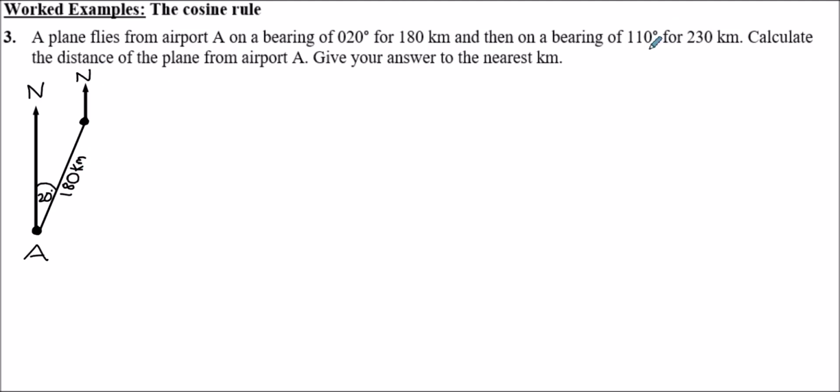And it's going to go on that bearing for a bit longer, for 230 kilometers. So 110 degrees, 90 would be straight across, but it's more than 90, it's 110. So 100 might be about here, say 110, about there, like so. And it ends up at this point.